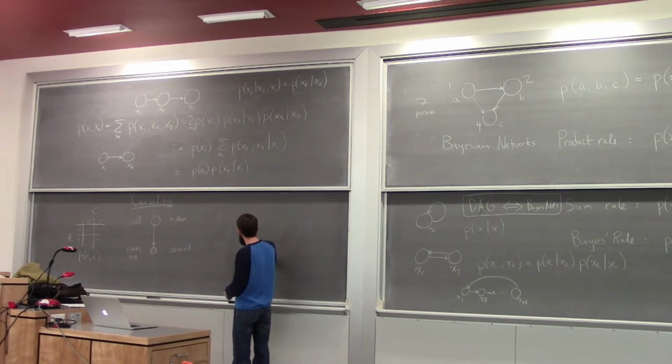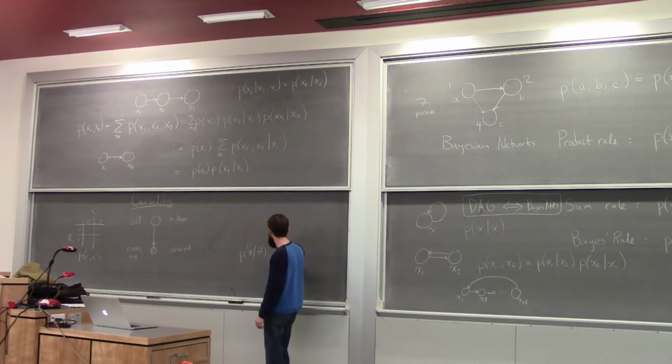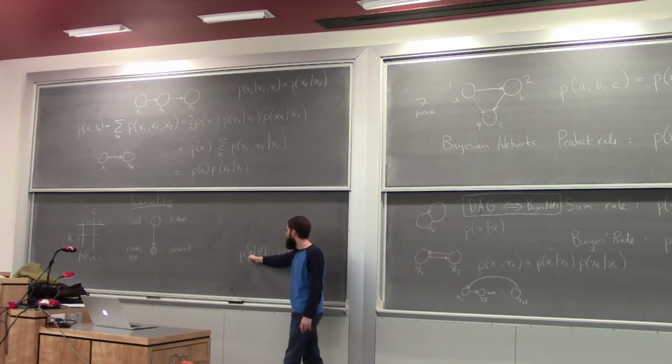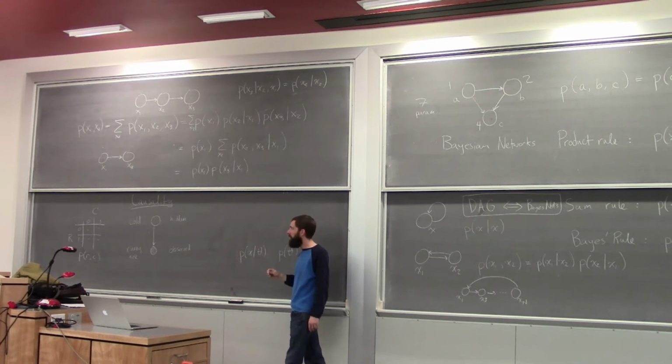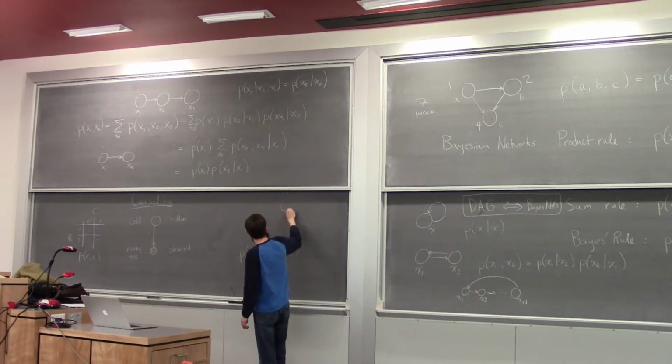I've got P of X given theta, the likelihood, and P of theta, the prior. You can think of this as Bernoulli given the theta parameter, or Gaussian given the mean, all these different things we've done. The one-parameter models are basically a graphical model that looks like this.